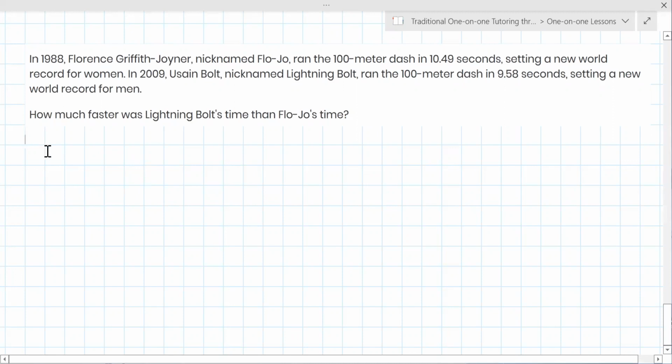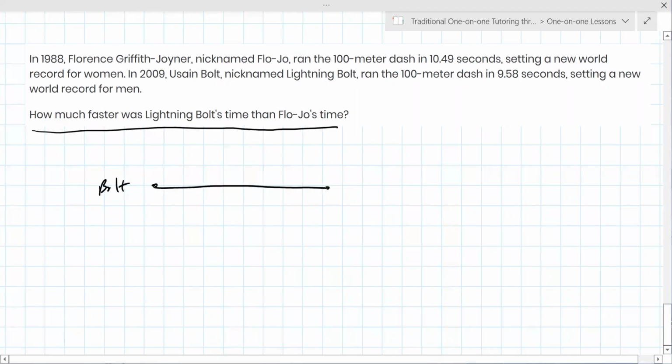Okay, I think this one's adding. Okay, so they want to know how much faster Bolt's time is than Flojo's time. So they're saying like Usain Bolt, here's a picture. It took him like that long to do it. And then Flojo, she took that much time. When we want to know how much faster, we're looking for the difference between them.